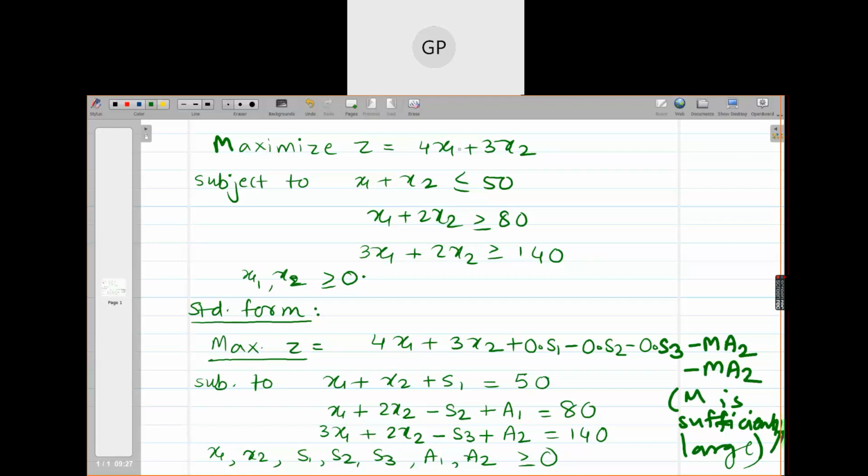Have you understood it? Can we go to the next step?